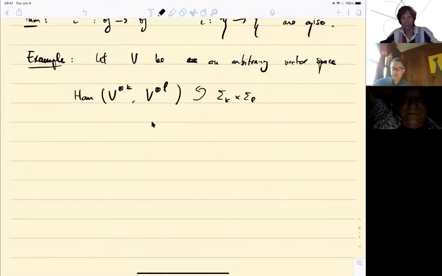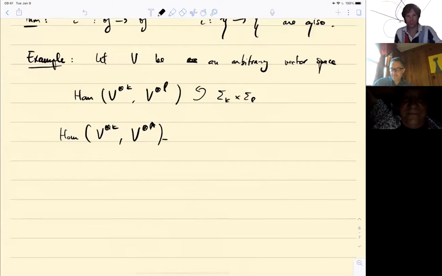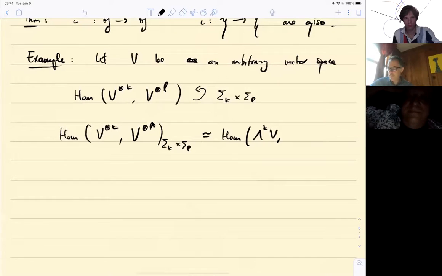And I can take the homotopy quotient of this. If I take the homotopy quotient where the first one acts by the alternating representation and the other one acts by the trivial representation, this is isomorphic to hom from wedge k V to sym l V.